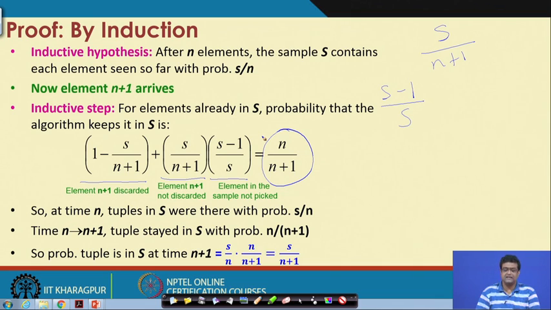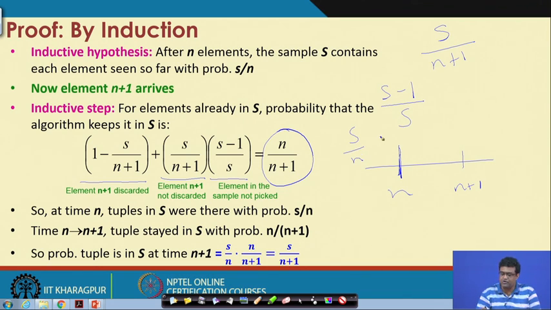So, now let us see at time n plus 1 again what happens. An element was kept till time n with probability s by n. This is time n and this is time n plus 1.